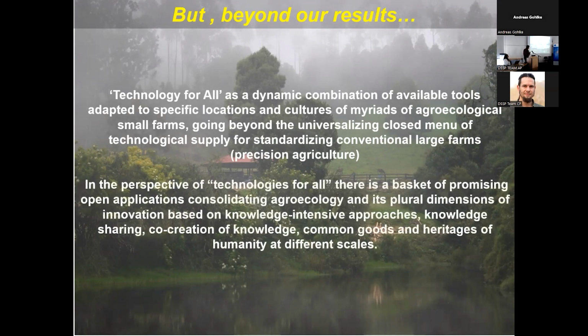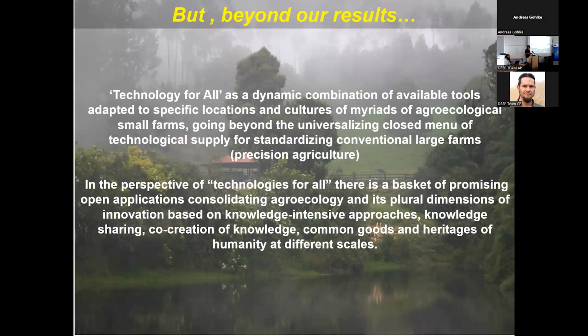And he said that in this perspective of technology for all, there is a basket of promising open applications consolidating agroecology and its plural dimension of innovation based on knowledge-intensive approach, knowledge sharing, co-creation of knowledge, common goods and heritage of humanity at different scales.